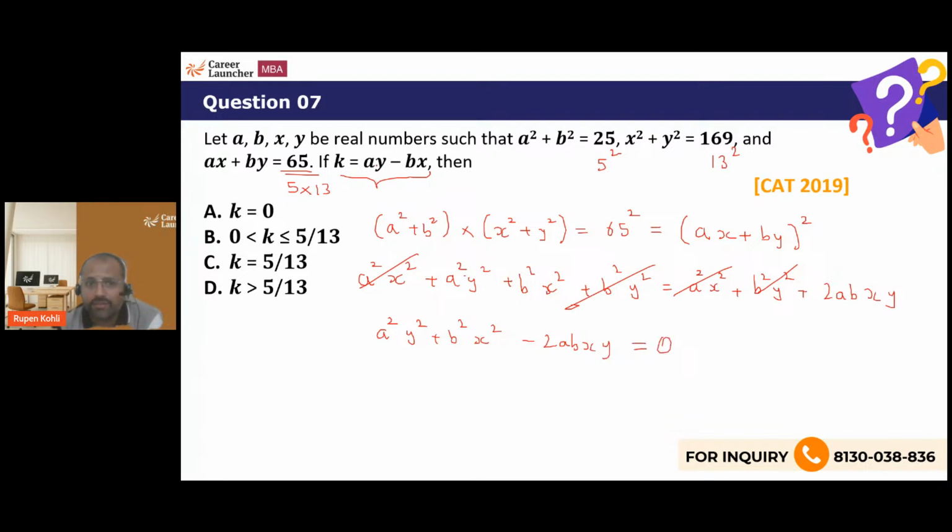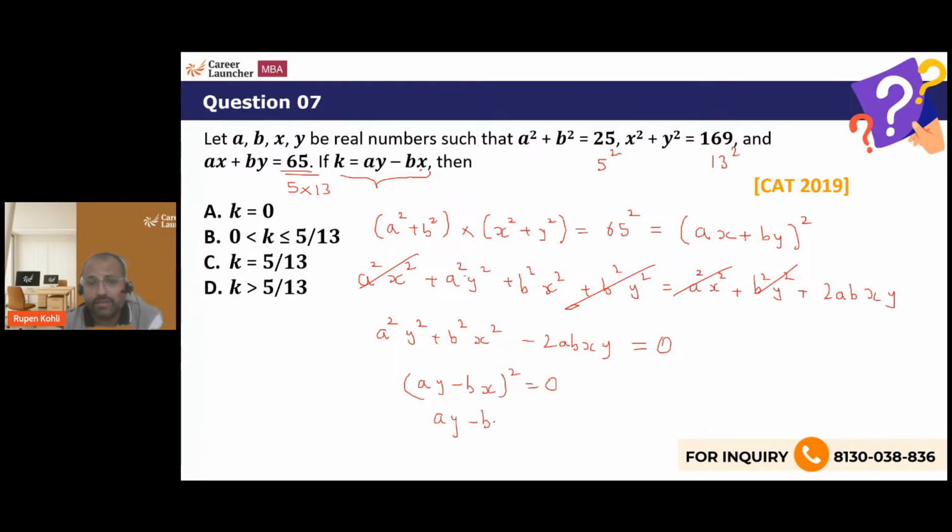Now look at what you have, ay minus bx. Can you see the pattern? This is nothing but the square of this expression. This expression is nothing but (a into y minus b into x) the whole square. And therefore you can say the whole square is 0. So the value is also 0.